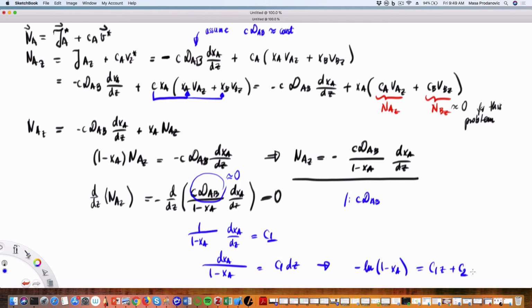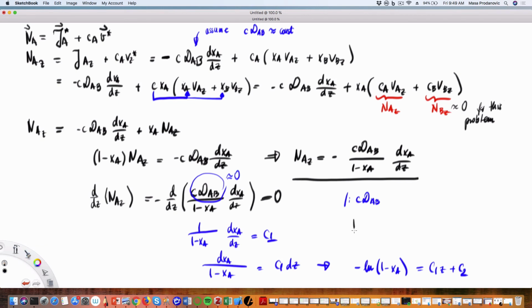So my boundary conditions are given. At Z equal to Z1, XA is XA1. At Z equal to Z2, XA is XA2. So I have simple boundary conditions here to put together.